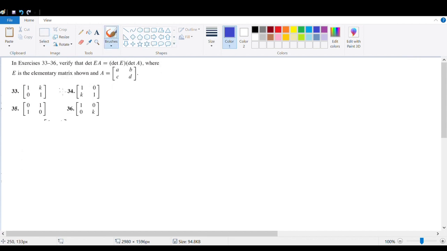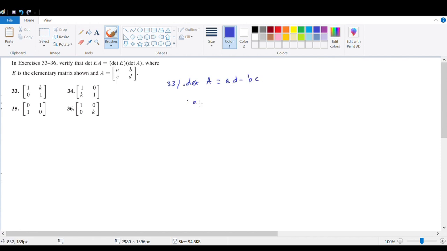In exercises 33 to 36, verify that the determinant of E multiplied by A is equal to the determinant of E multiplied by the determinant of A, where E is an elementary matrix shown and A is given by this one. So for 33, we need to first find the determinant of A. The determinant of A is equal to AD minus BC.